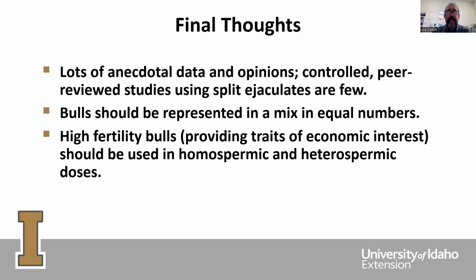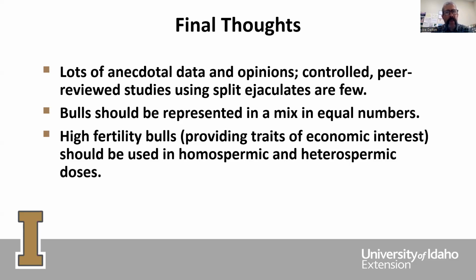There are some issues in other breeds and other animals, turkeys, swine, where heterospermic doses can be used essentially to spread out our ability to use the better genetics by also using males that are a little lower fertility in those doses.